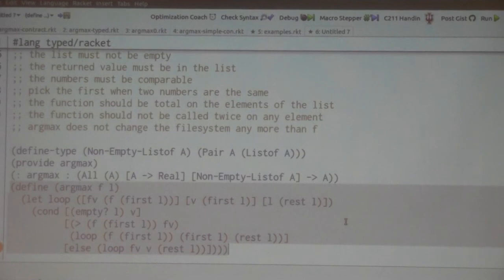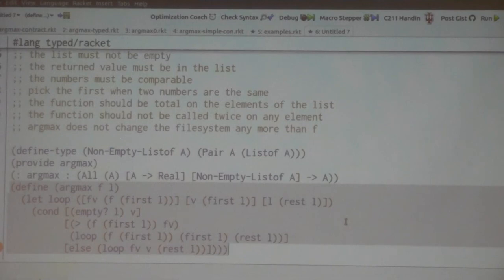We know that from our specification. And we're going to keep track of three things. One, the biggest value that we've gotten out of F so far. Two, the element of the list that produced that big value. And three, the remainder of the list that we have to process.